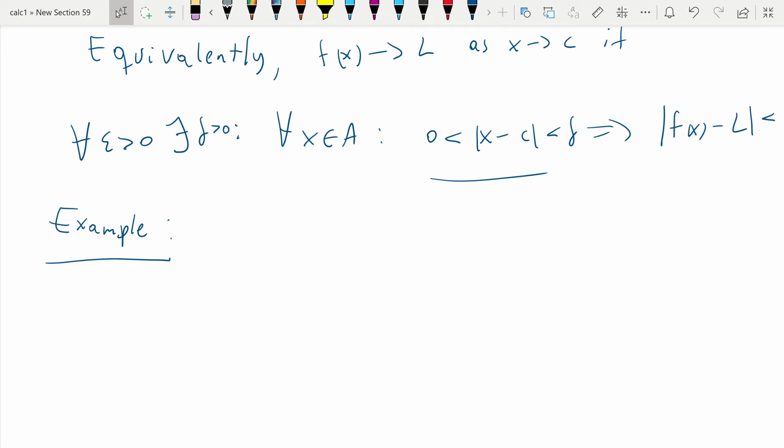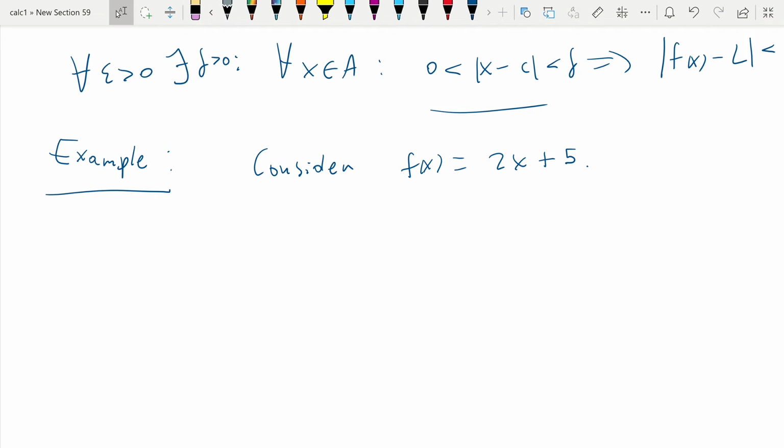So this is the first example. Consider f of x equals 2x plus 5. So we have a linear function, and this is defined on all of R.